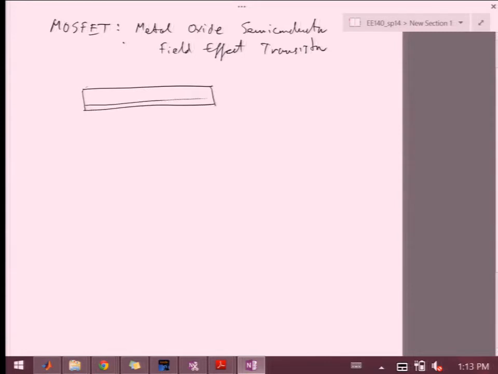So I have this sandwich on top, which is the gate. I'm going to pretend here it's metal, just because it's easier.